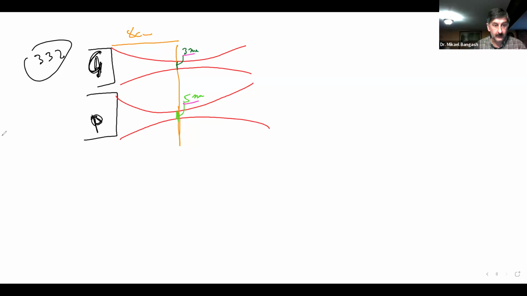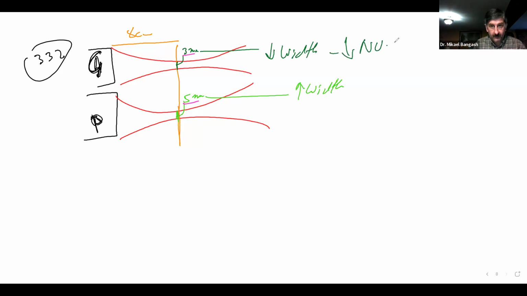So we can mainly say this beam here has a narrower width, whereas this beam here has a greater width, which becomes a lesser numerical value of lateral resolution and a greater numerical value of lateral resolution. Although I don't like the word higher quality because resolution is not really about quality, it's more about accuracy.